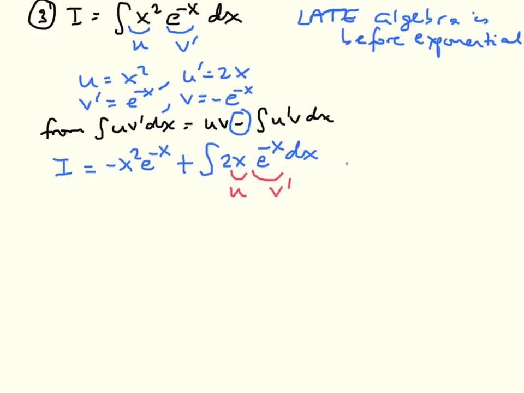So u is x, u prime is 1, v prime is e to the minus x, v is therefore minus e to the minus x. If I differentiate that, I get back to that, and 1 is the derivative of x.